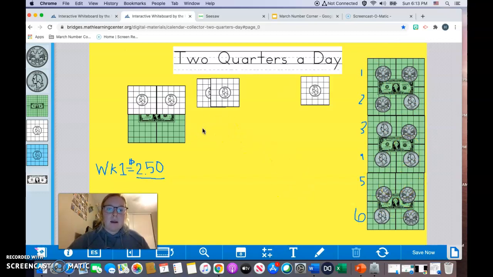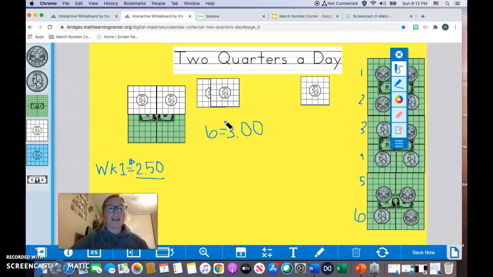That means we are at day 6, right? Day 6, and we have already collected, boys and girls, 3 whole dollars to our end of the month collection. I am so excited to see how much money we collect by the end of the month.